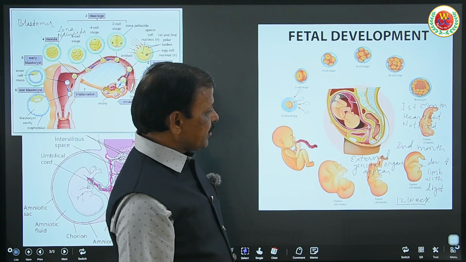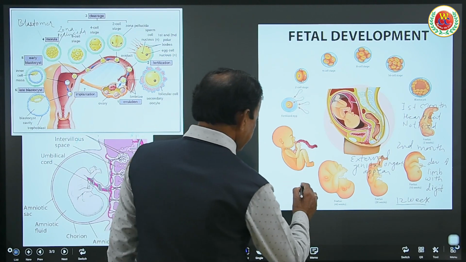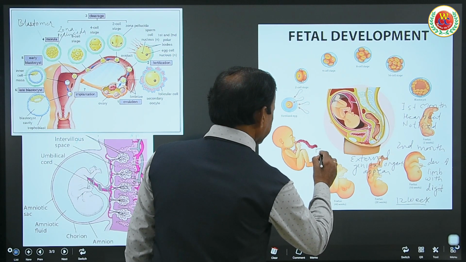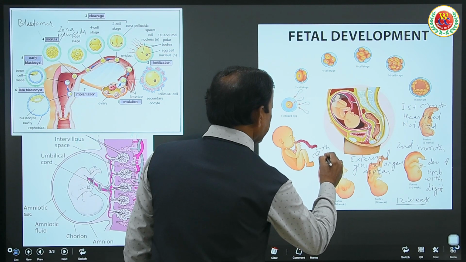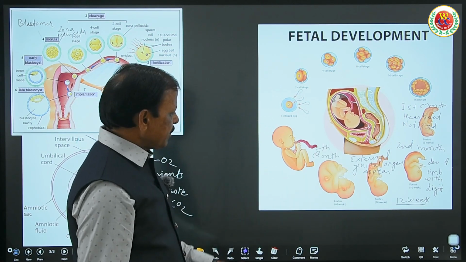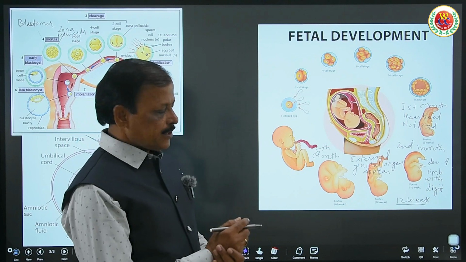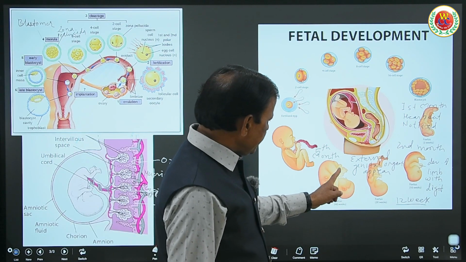This is completed. Now 5th month, by the time of 5th month, what is given in your book is the first movement of the baby. So here first movement of the baby appears.